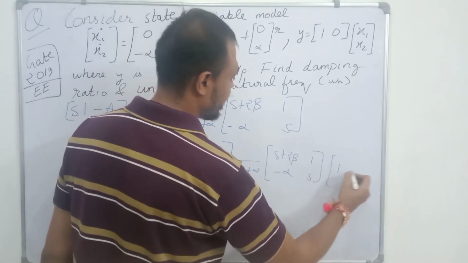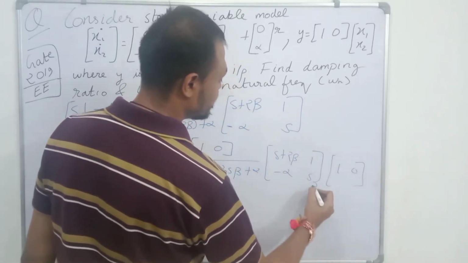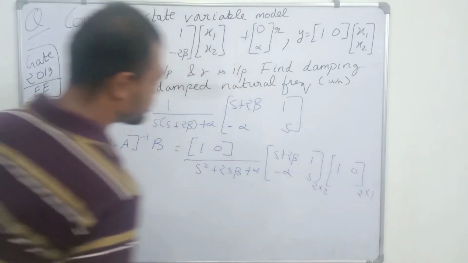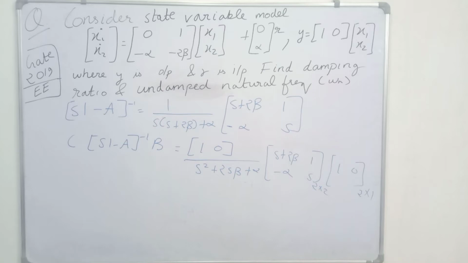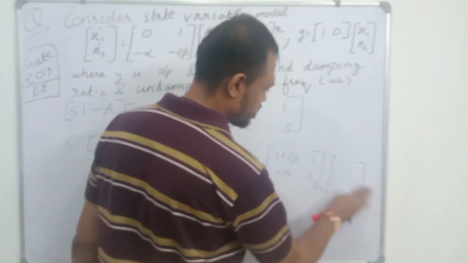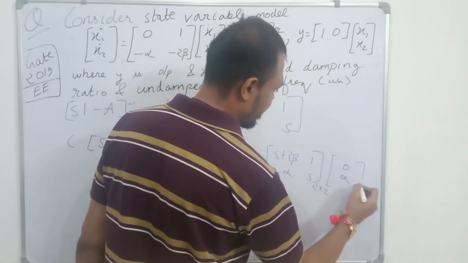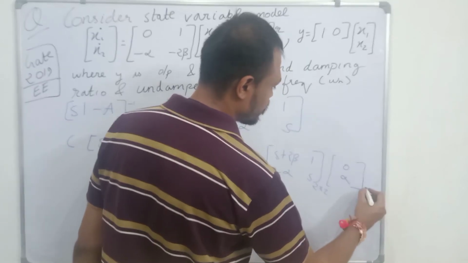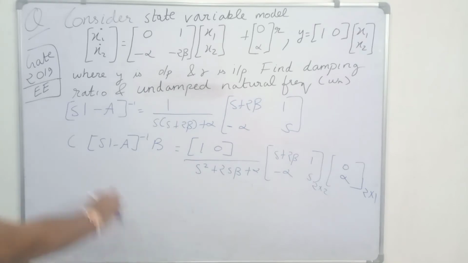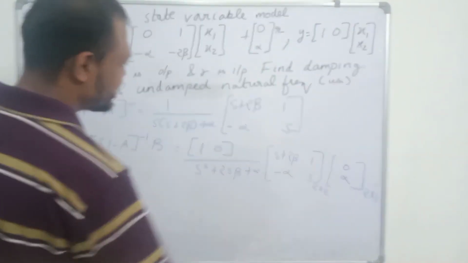This is 2 cross 2, and B is [0 alpha], a 2 row and 1 column matrix.